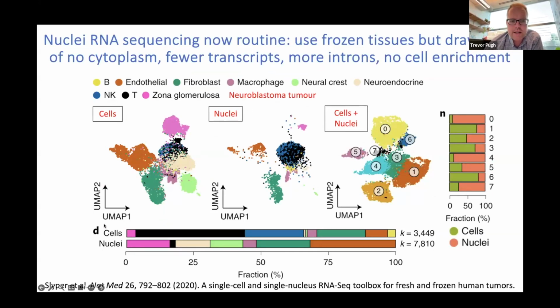In this case, they took fresh cells and they isolated nuclei. This is the UMAP, which we'll be spending a lot of time with, labeling cells and labeling nuclei and then co-clustering them together. You can see by eye, the UMAP with the cells has cells that the nuclei does not have. And conversely, the nuclei plot has cells that the fresh frozen sample doesn't have.